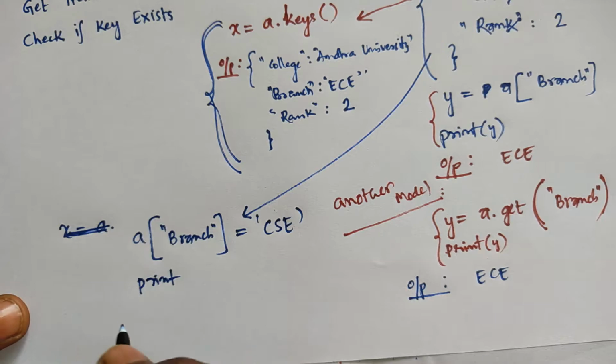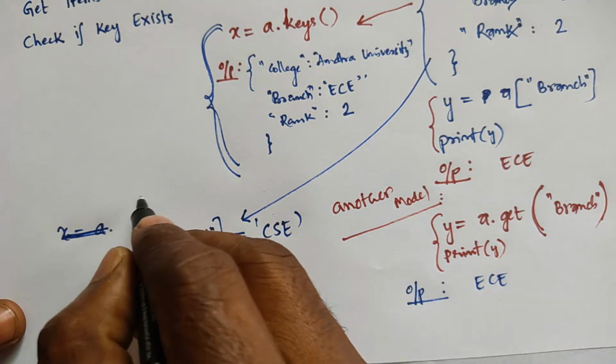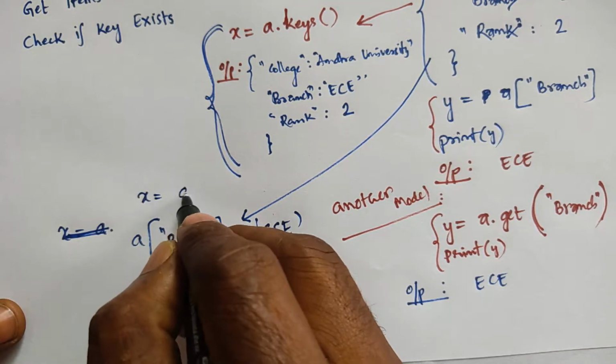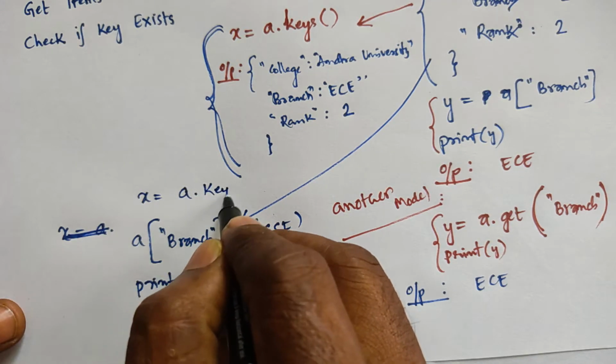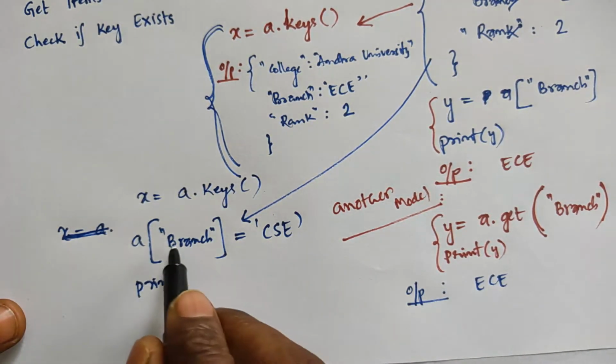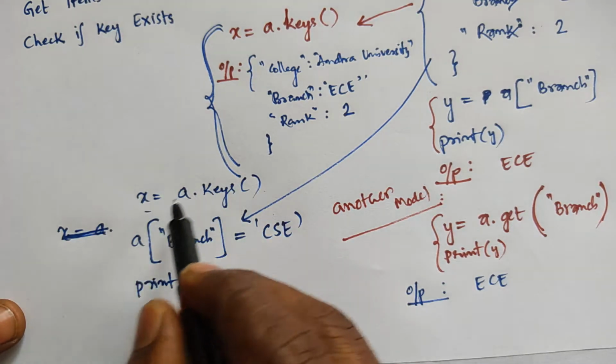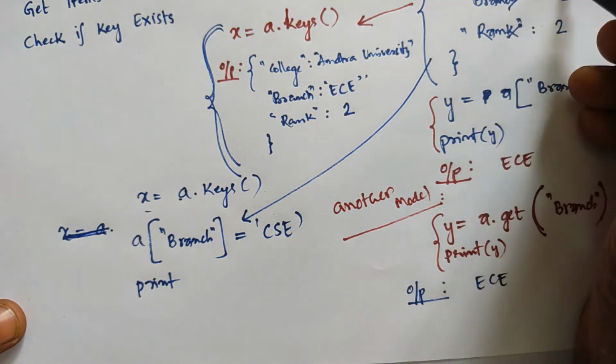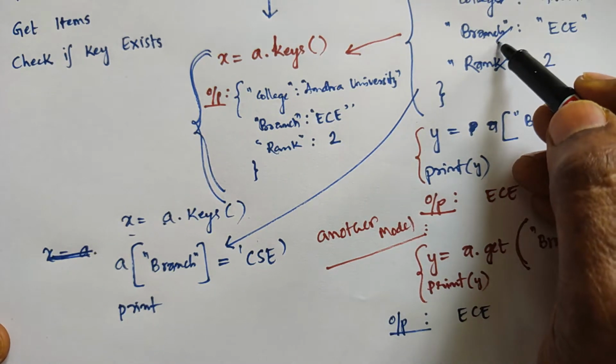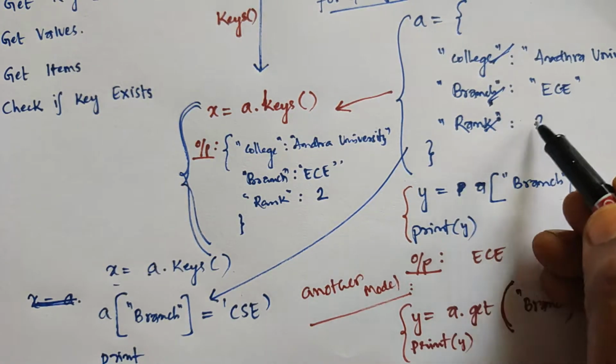Before execution you will get a is equal to college Andhra University, branch ECE, rank 2.